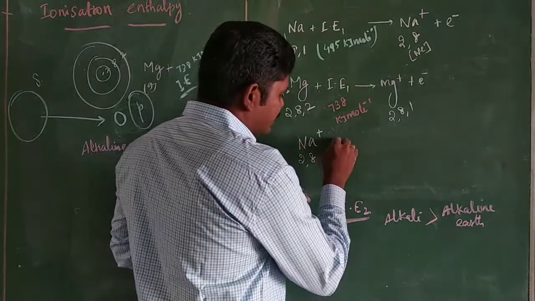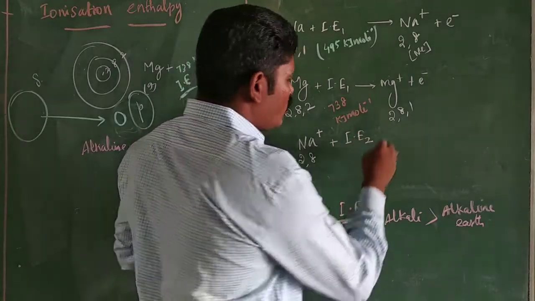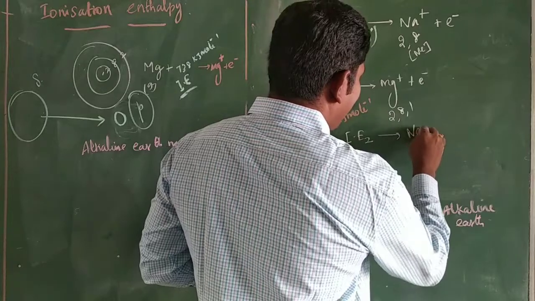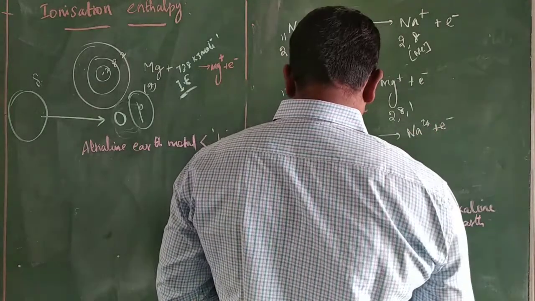Loss of an electron in ionization energy: Na2+, loss of 1 electron.